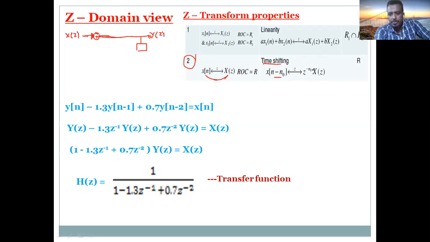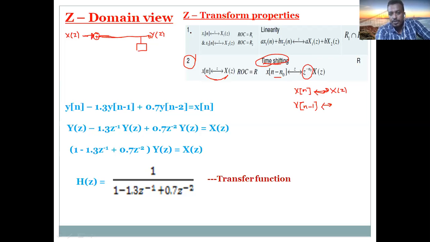X of z will be simply multiplied by z to the power of minus n naught. For example, you have discussed this property also for Laplace transform. If the transform of x of n is x of z, if you shift your signal in time domain by, let's say, 1, what will be the Z transform from the time shifting property?